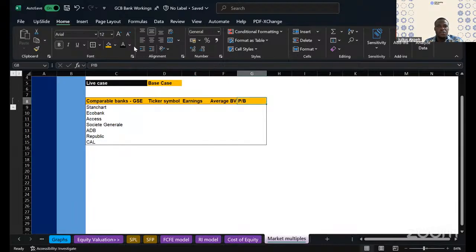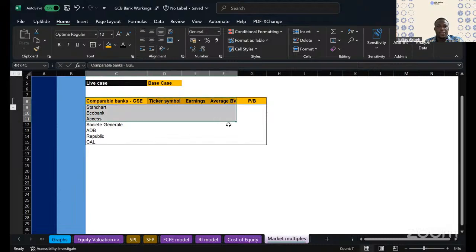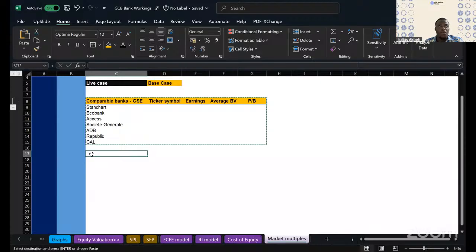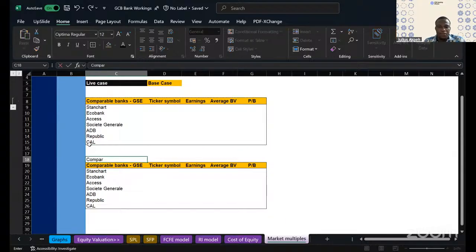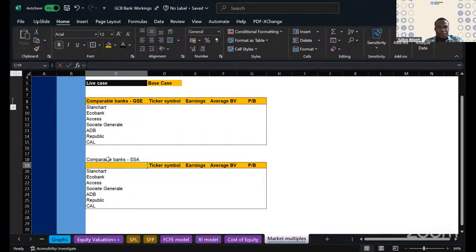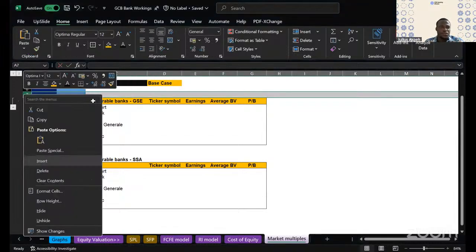Now, so the second table I want to have here will be for comparable banks, sub-Saharan Africa region.